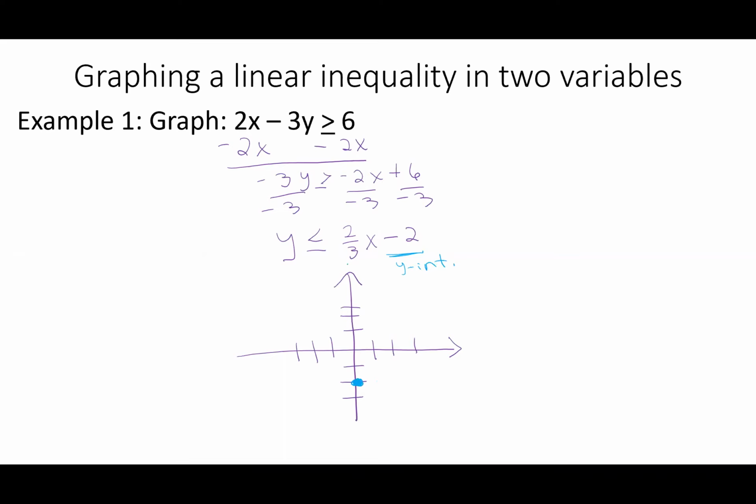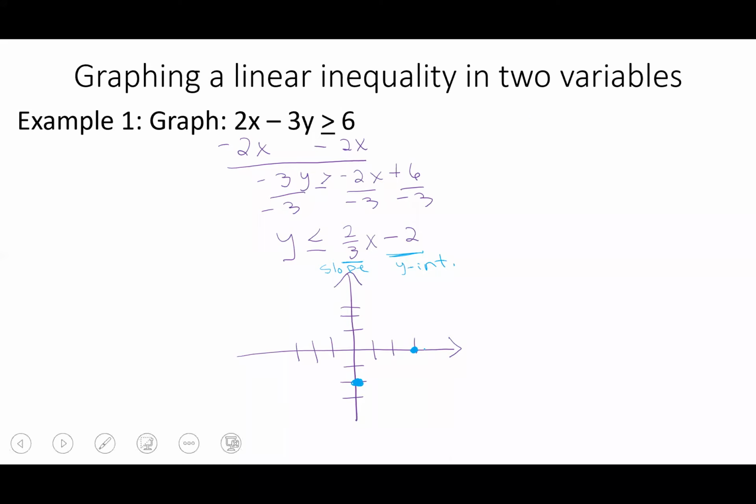So at negative 2. The number in front of x was our slope. So from negative 2, since it's a positive 2/3, we go up 2 over 3, and we can put another point. Now we're ready to draw the line.